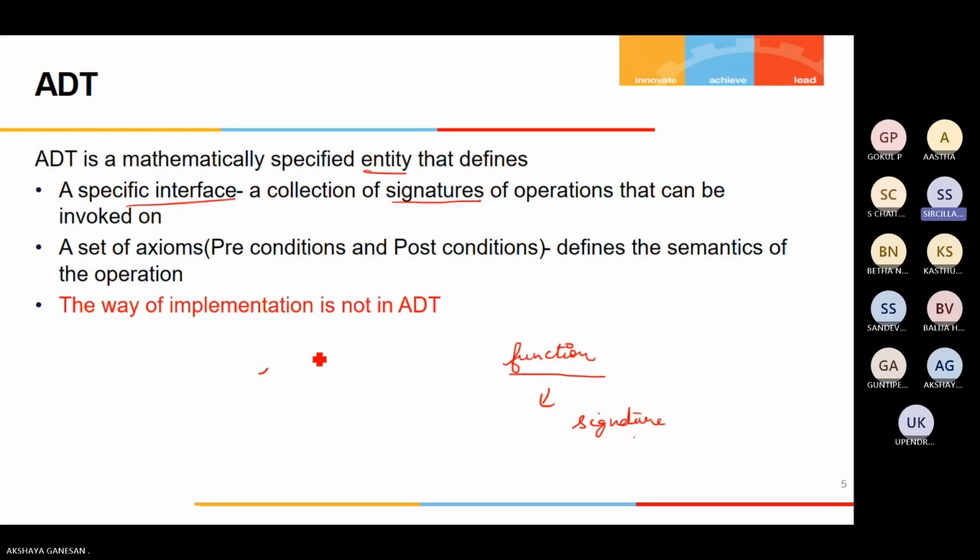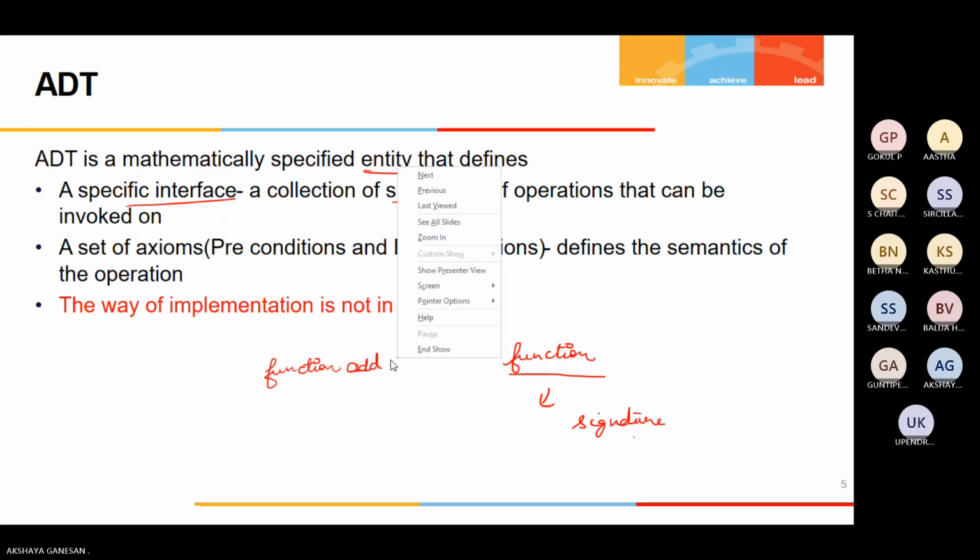First, you specify the data type, like what kind of function. Int, okay. Then you give a name to it, let's say add. Then brackets.